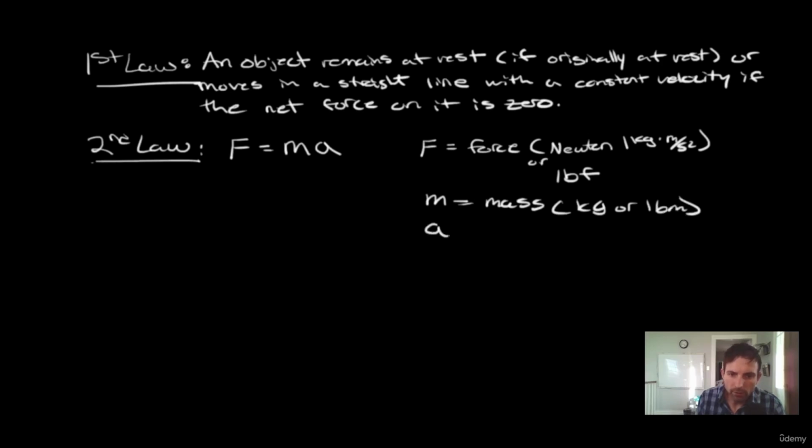And acceleration is going to be in meters per second squared or feet per second squared. Alright, so this gives us a relationship. Not only a relationship, it lets us know that there is a direct proportionality between an object's mass, its acceleration, and its force.